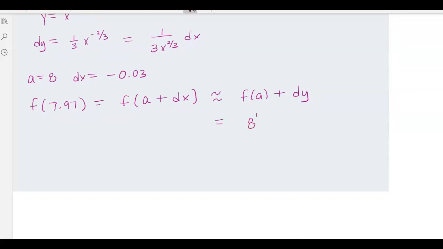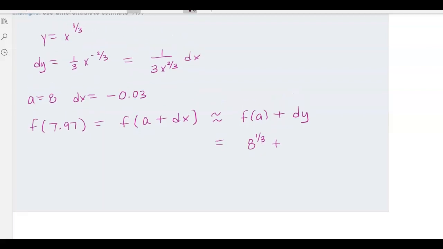So 8 to the 1/3, we're using something we already know. And then we're using that differential that we just found. So, going back up here, I'm going to put 1/3. This will be 8 to the 2/3. And then dx is the negative 0.03.